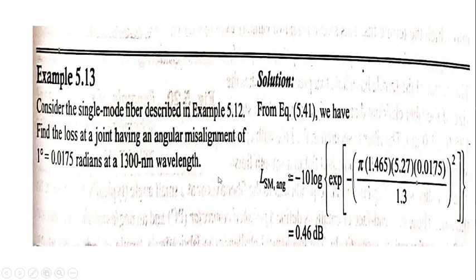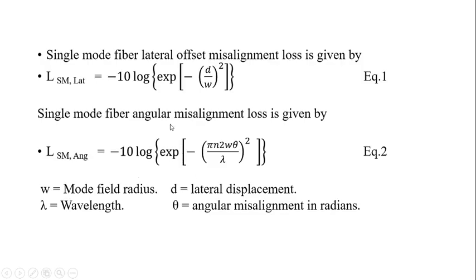Next, same problem, we need to calculate angular misalignment, with theta is equal to 0.0175 radians at a 1300 nanometer wavelength. So now what is the formula for angular misalignment? Pi n2 w theta divided by lambda whole square.